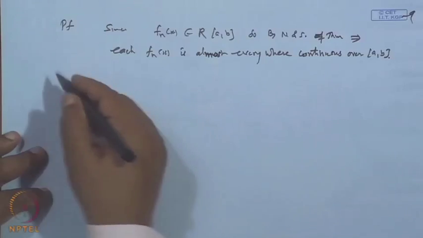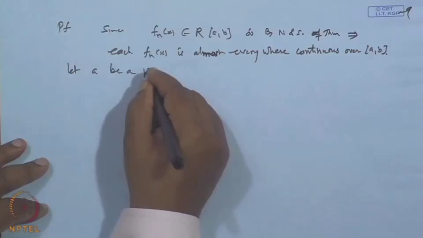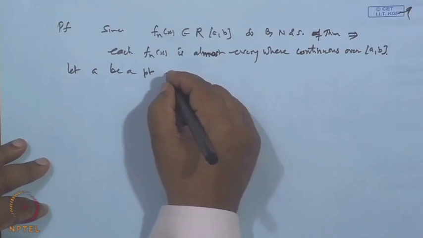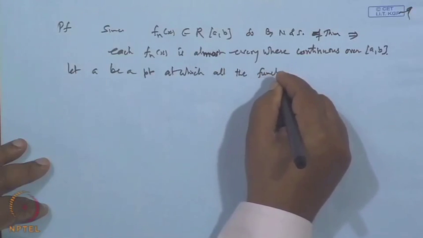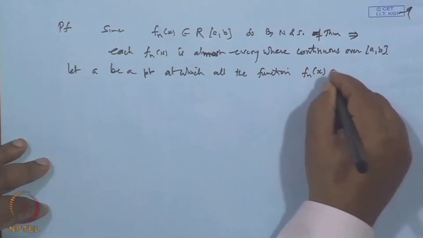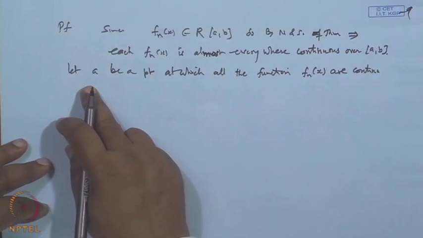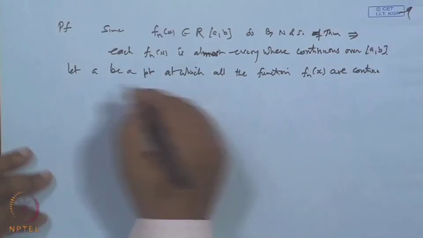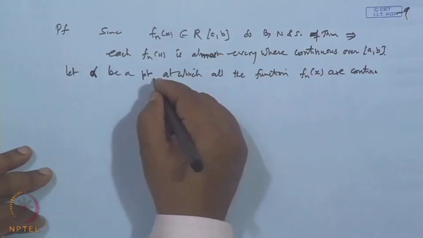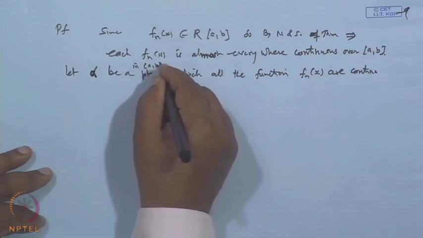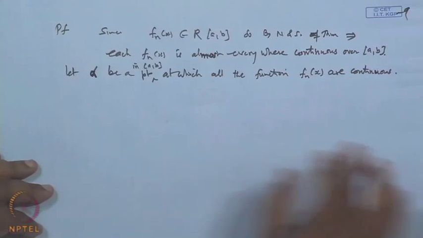So, let us pick up a point. Let alpha be a point in the interval at which all the functions f n x are continuous, because we have already used a.